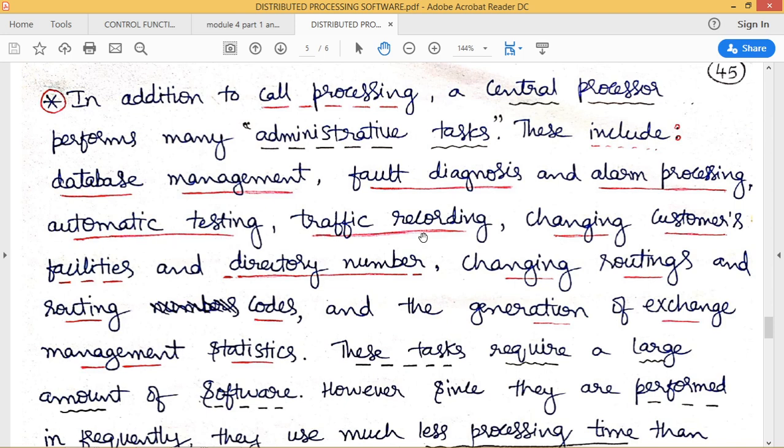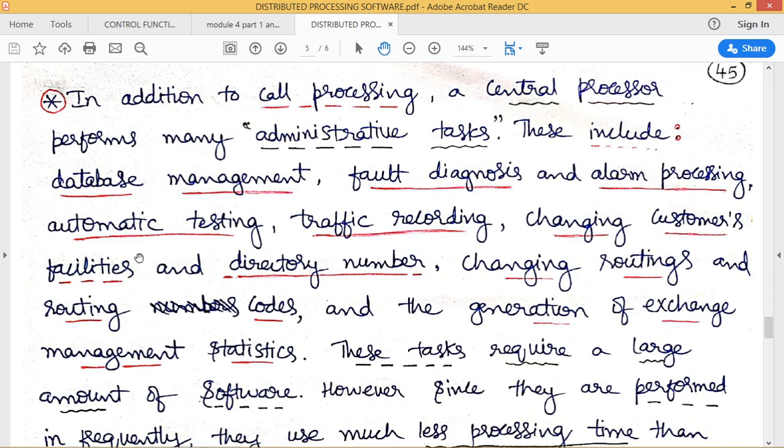Similarly, traffic recording. At what time what will be the traffic, and at different times what will be the traffic, all those recordings must be made by the exchange. Of course that will be taken care of by the central processor.